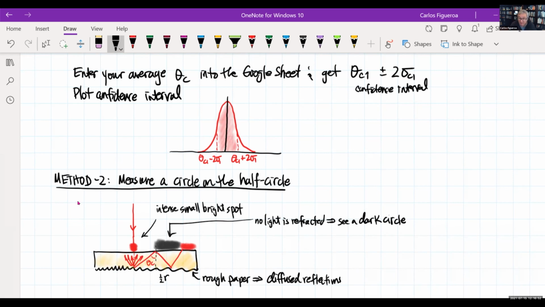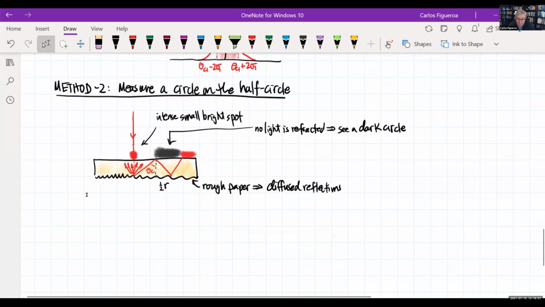So what I'm saying is that the light scatters in all directions until the rays reach the critical angle and then stop reflecting the light into our eyes.